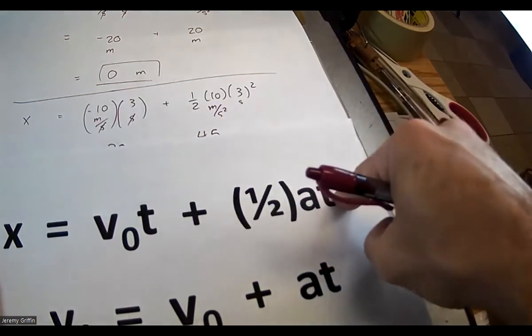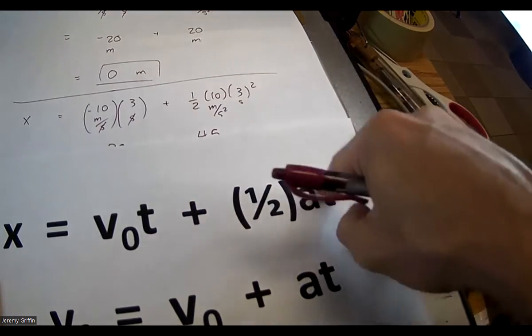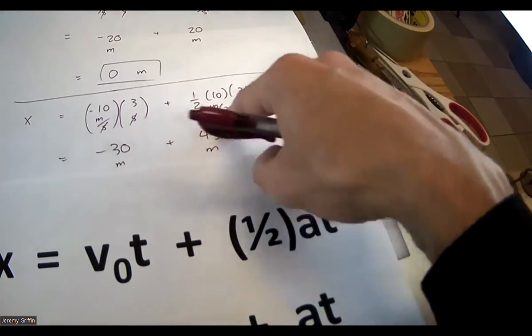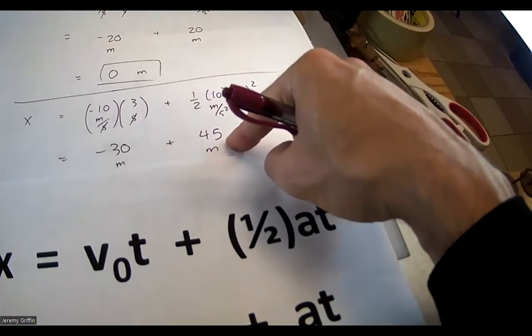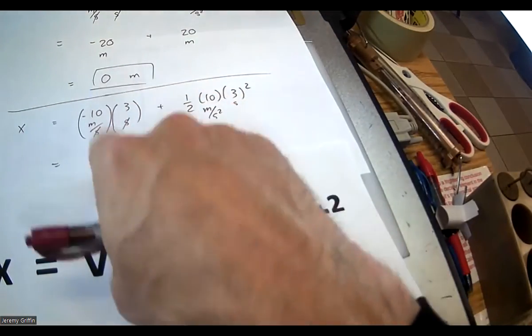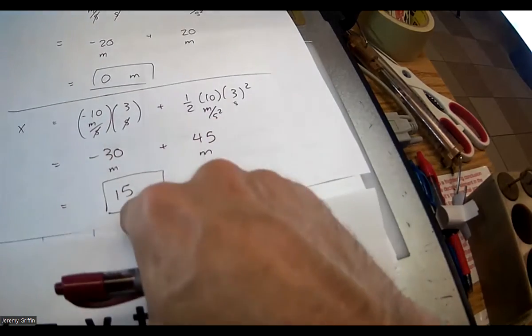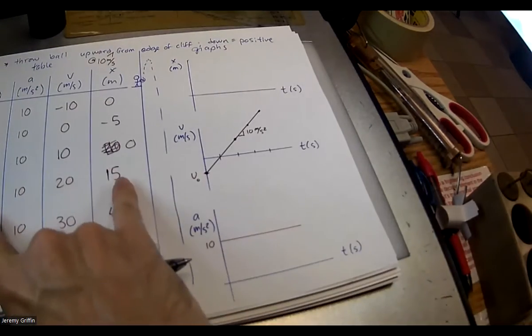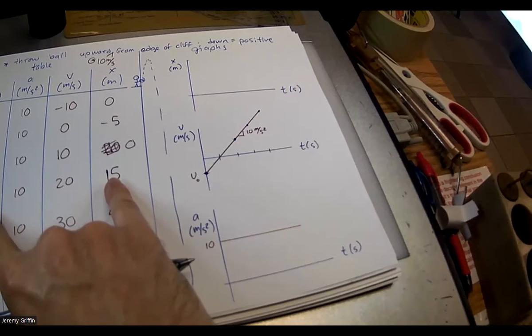Okay. From the time that you release it, you count off 3 seconds. So you're going to square that 3 seconds. This bit comes out to 45 meters towards the ground. The direction you threw it is 30 meters towards the sky. So it's negative 30 meters plus 45 meters comes out to 15 meters. Okay. That's how, for example, at the third second, we got 15 meters below the cliff edge.